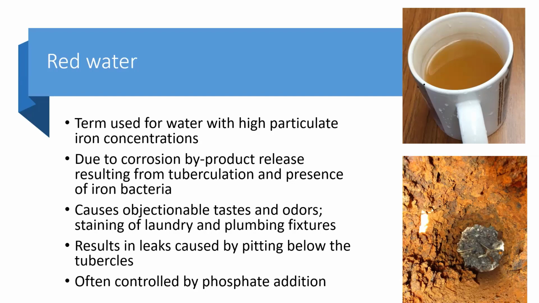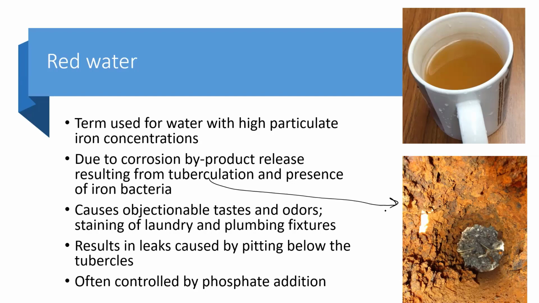to the release of corrosion byproducts. What you see here is referred to as tuberculation. So these are referred to as tubercles. So basically it is rust on the inside of a pipe.